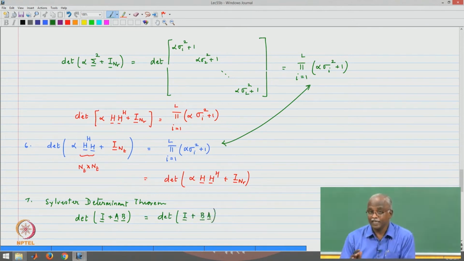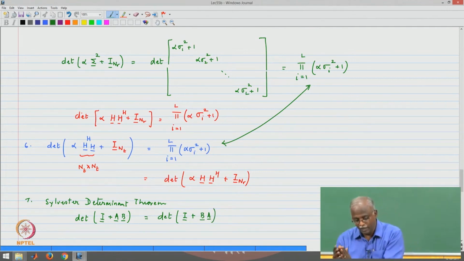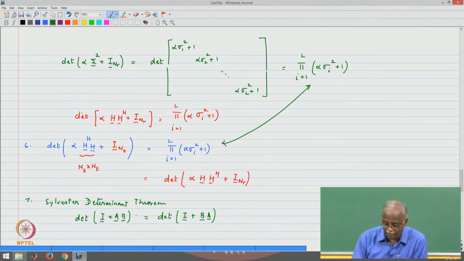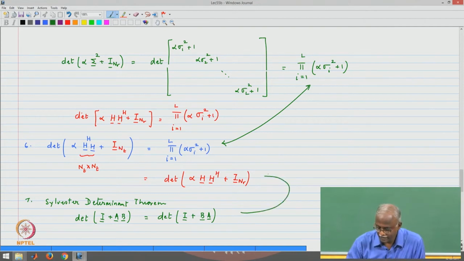The dimensions of the identity matrix must be commensurate with the dimensionality of AB and BA. So, using the Sylvester determinant theorem, this is the result that is obtained, and this is identical to what we have observed in the previous result as well.